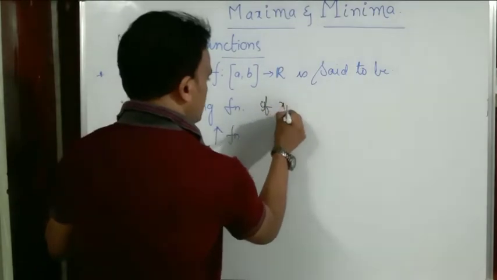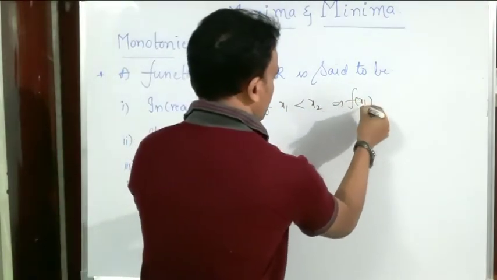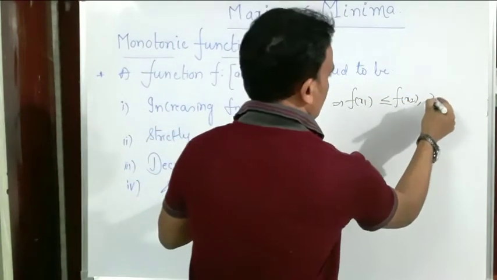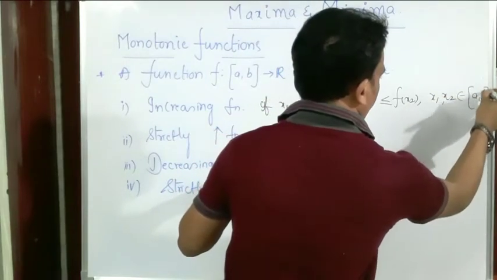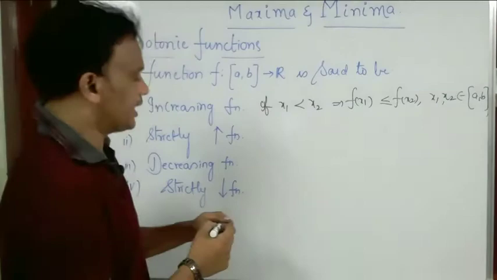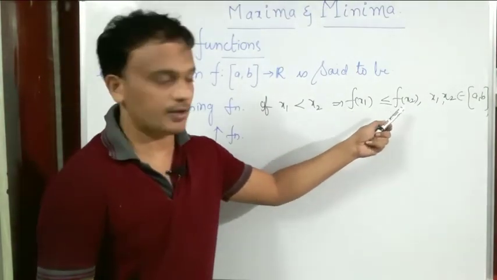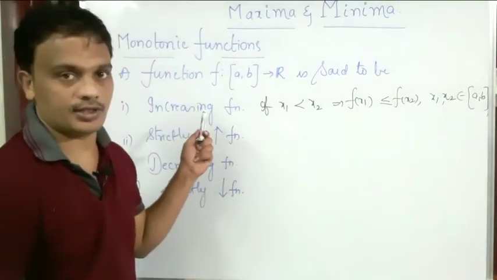If x1 is less than x2, that implies f of x1 is less than or equal to f of x2, for all x1, x2 belonging to the given domain. Then I can say the function is monotonically increasing.